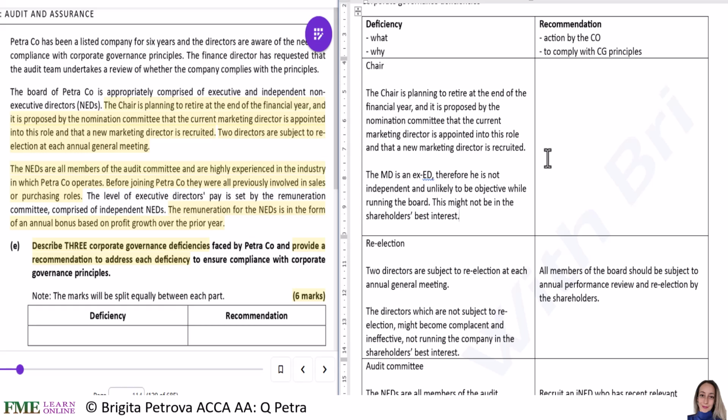Fantastic, okay? So what shall we say? What should the company do to make this better? Well, should they recruit a new marketing director and make the ex-MD the chair, or should it go the other way around?